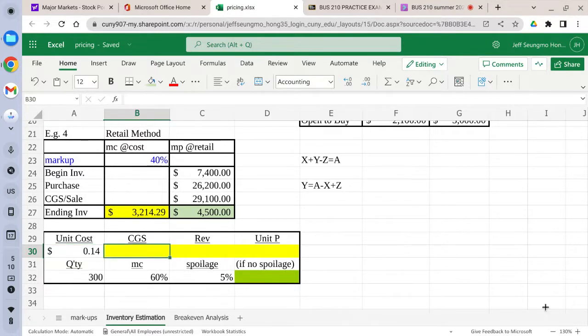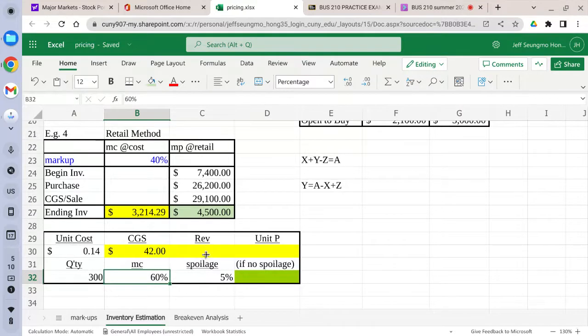Then what is his CGS? Of course, we know: quantity times unit cost. That should be his cost. And his markup rate based on cost is 60%.